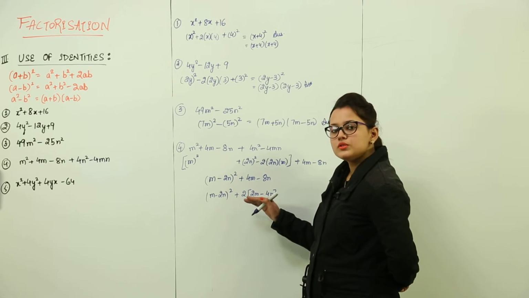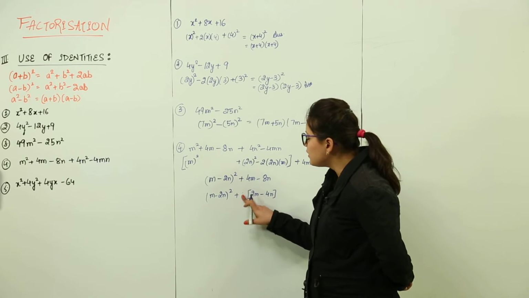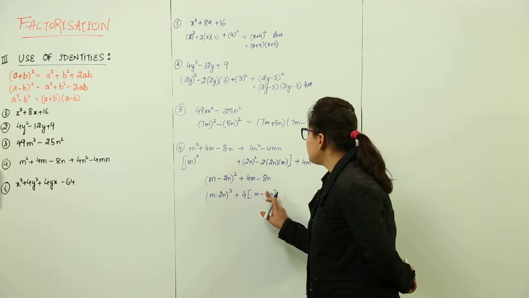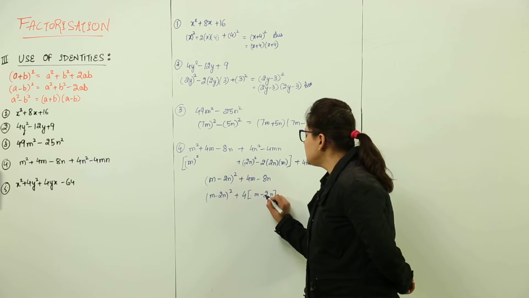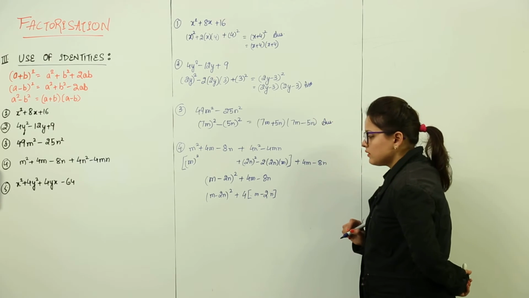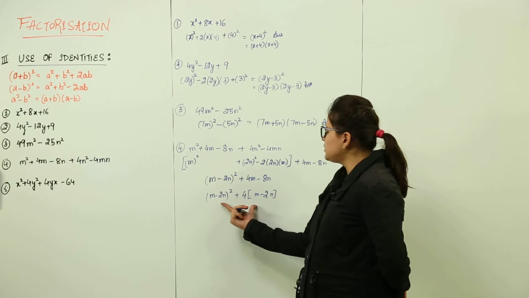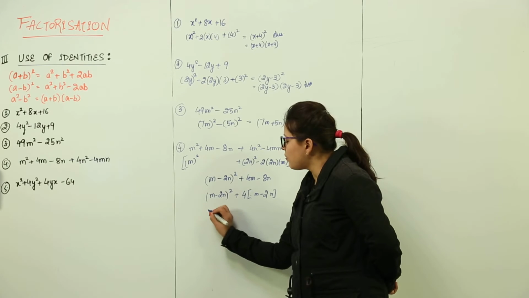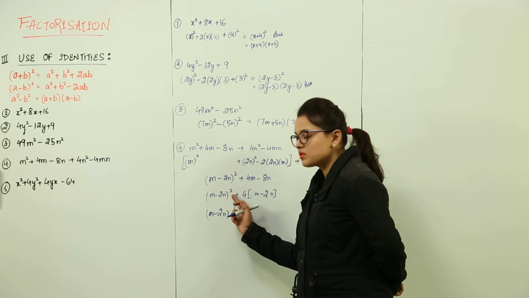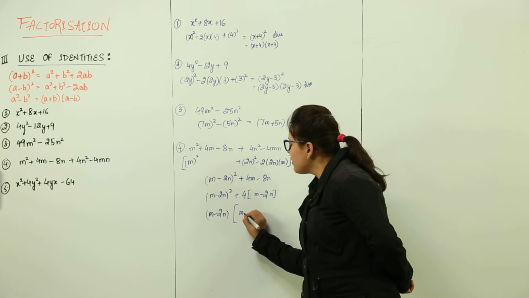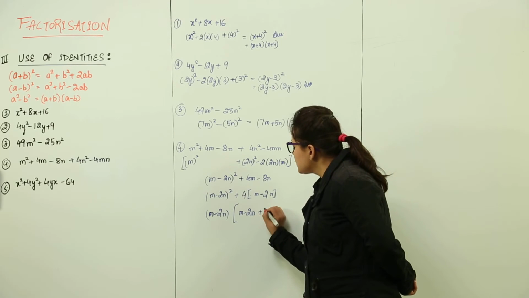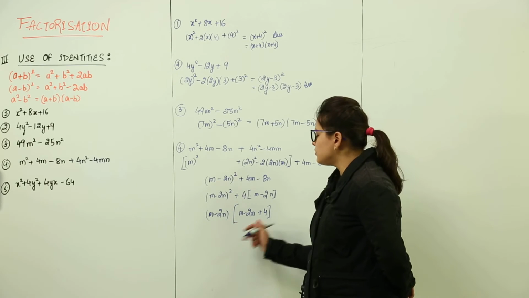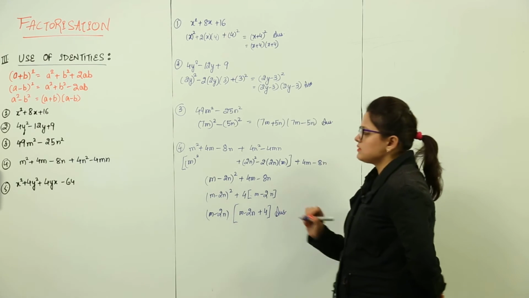So you can do it step by step, or here only you can take out 4 common. If we take out 4 common, we will be left with m minus 2n. Now you can see, in both the terms what do we have common? We have (m minus 2n) common. Here we had a square. So we are left with (m minus 2n) into (m minus 2n plus 4). This cannot be solved any further. So this remains to be my answer.